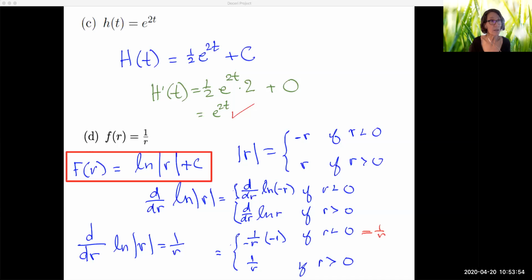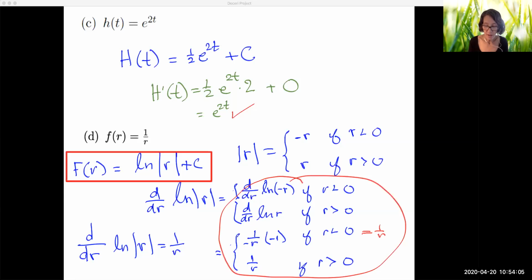I did it kind of quickly, but the proof of why I'm correct is over here. The antiderivative is not just the natural log of R, it's the natural log of the absolute value of R. And so R can be any real number except 0, and we can anti-differentiate 1 over R. Anybody have a question about what I just did?